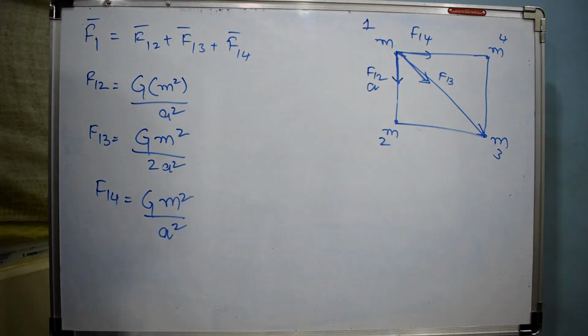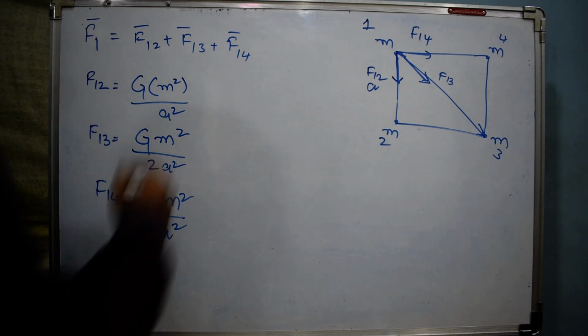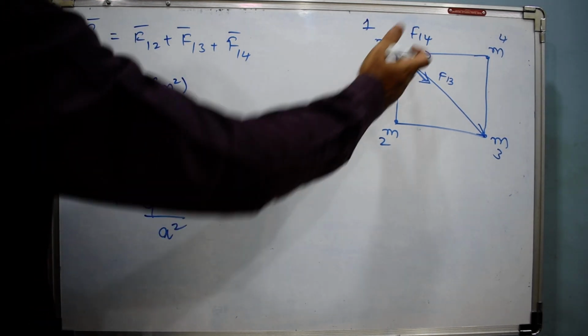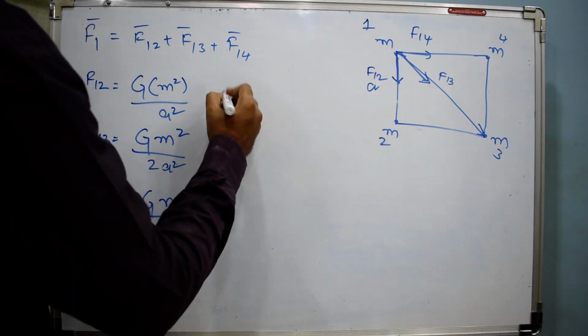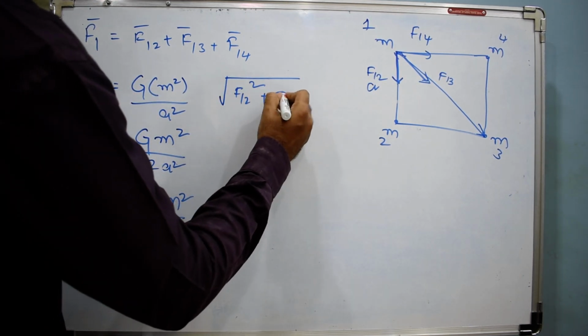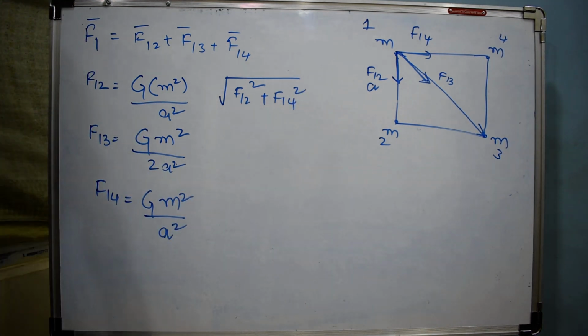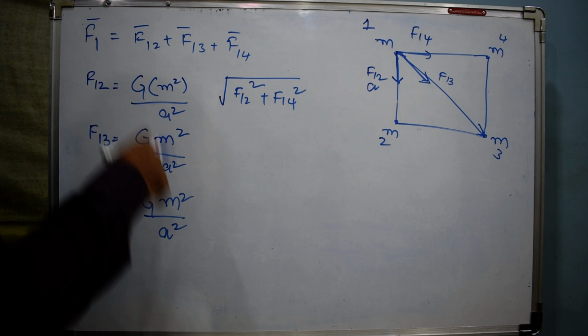They're perpendicular to each other and have equal magnitudes. So when they are perpendicular to each other, the resultant of these two forces will be the square root of F12 whole square plus F14 whole square. Remember that they have equal magnitudes.